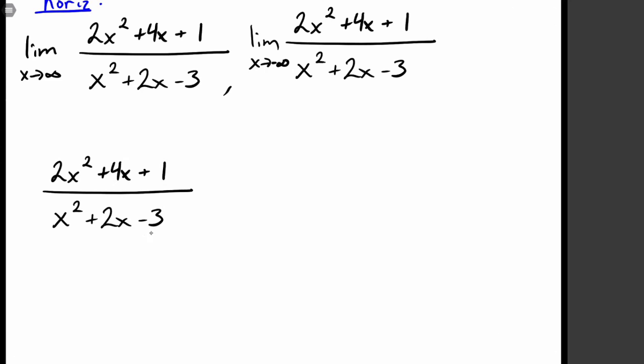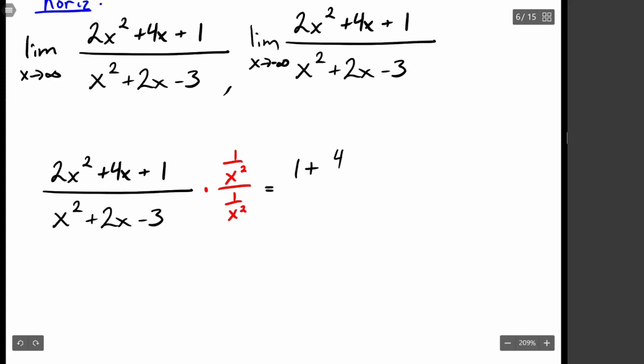We look at the highest power on the bottom, which is 2. So we multiply the top and the bottom by 1 over x squared. If we do that, then the top becomes 1 plus 4 over x plus 1 over x squared. The bottom becomes 1 plus 2 over x minus 3 over x squared. Okay?